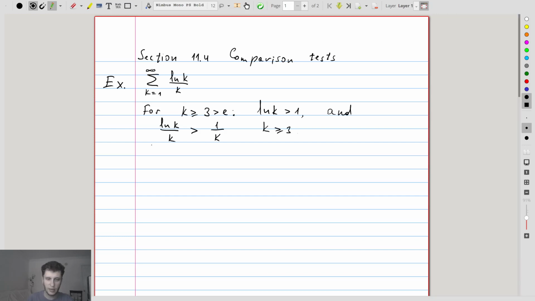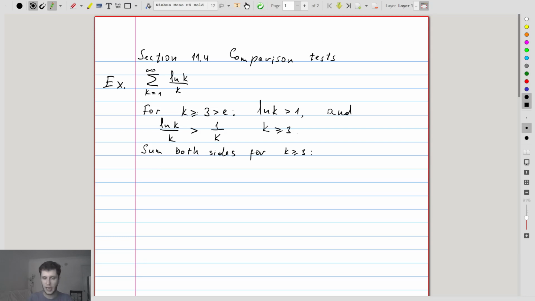So what happens if we take this inequality and sum both sides for k greater than or equal to 3? In other words, we apply the summation like so.